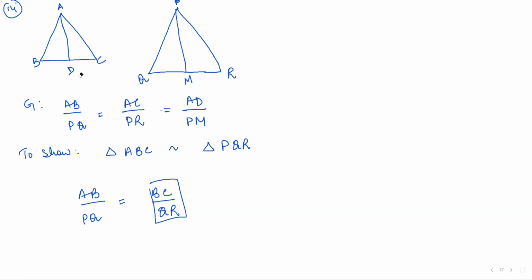Just see here, the difference, Sarah. This was question number 12. It was given that AB by PQ was equal to BC by QR.